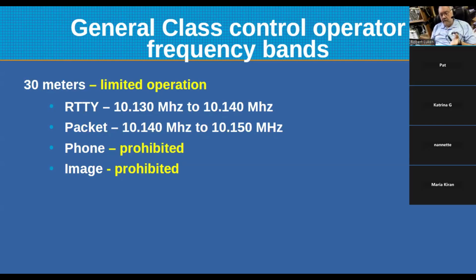In other words, you can't send slow scan TV, you can't do facsimile, you can't do single sideband. So it's kind of a strange band. There is a question where you need to remember that phone and image are prohibited.